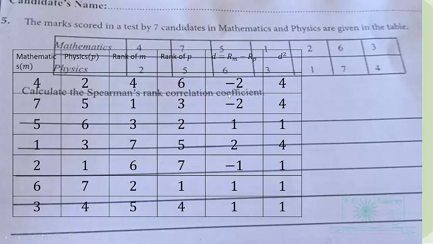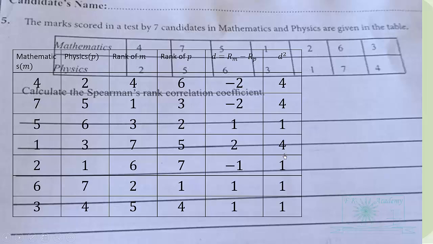Now we can find the difference between the ranks. So 4 minus 2, negative 2, 1 minus 3, negative 2, 5 minus 4, 1. Then we square the differences, the deviations, and that will give us what you're seeing here. Negative 2 square is 4, negative 2 square is 4, 1 square is 1.